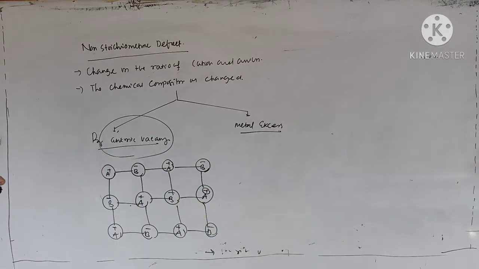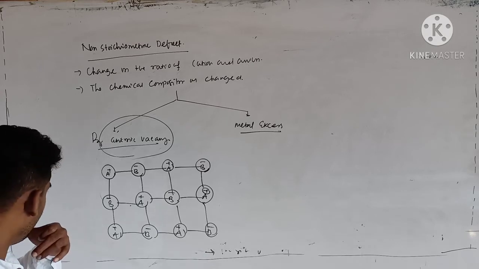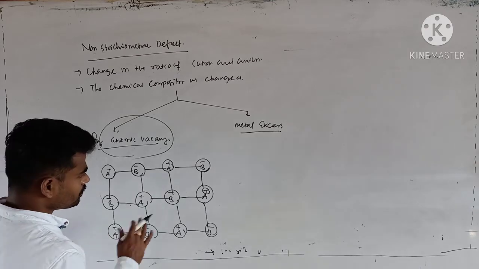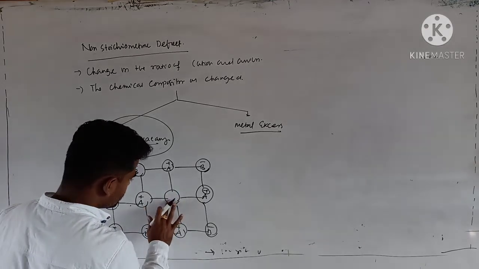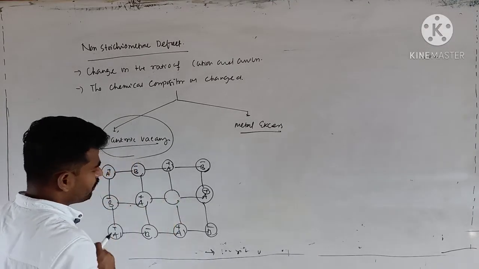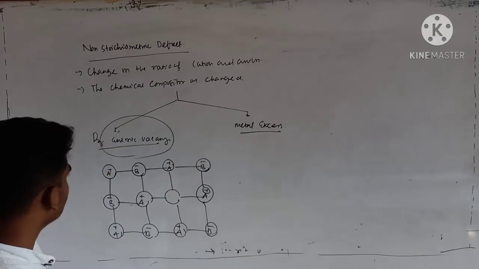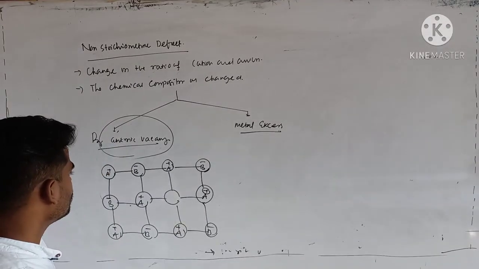So the ratio of cation and anion changes. Suppose one B minus is dislocated from here. By making anionic vacancy.